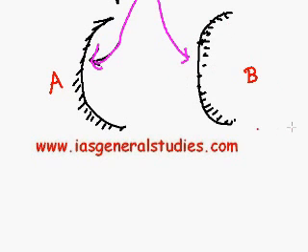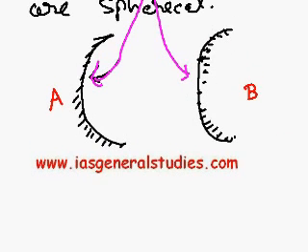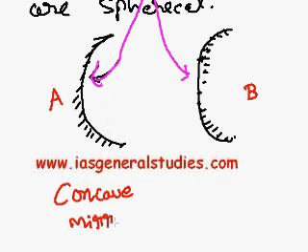Now we have different names for these because they behave differently. Suppose the reflecting surface is inside, this is called the concave mirror. And this is called the convex mirror.